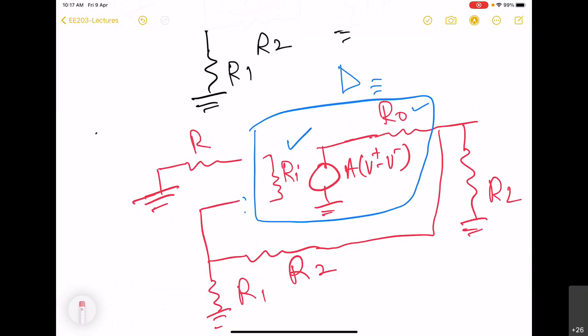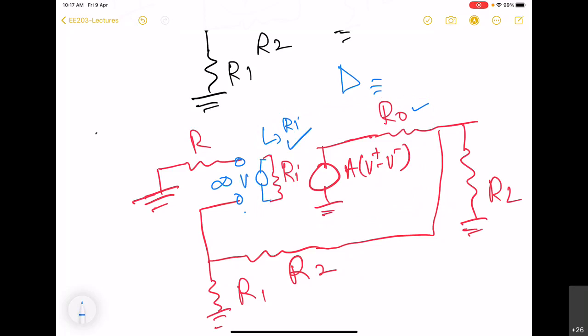So now you can see that once you have broken this loop, the impedance here has become infinite, but the impedance looking in this side is Ri. So here if we connect our Vx and then try to find out VO, we will get a wrong result for the loop gain because the impedance condition here and here are not the same.